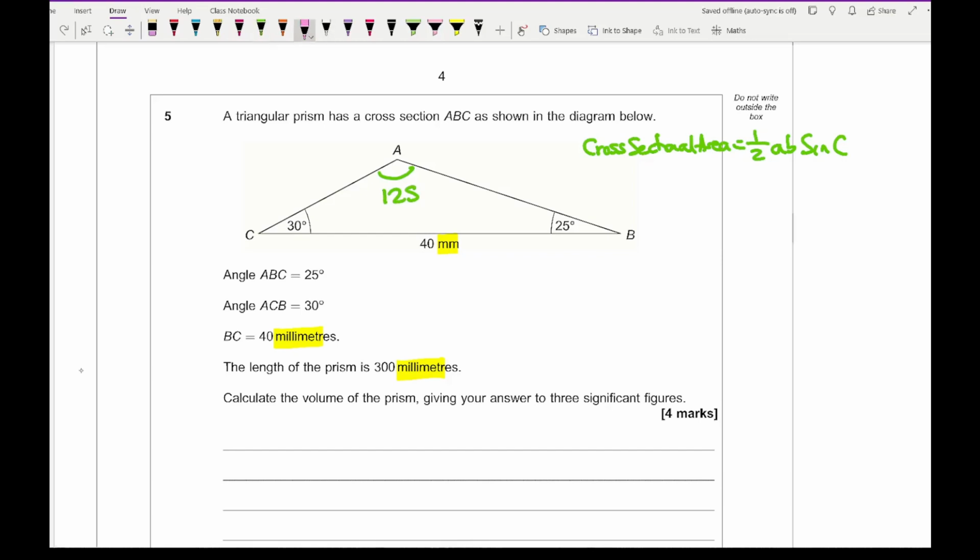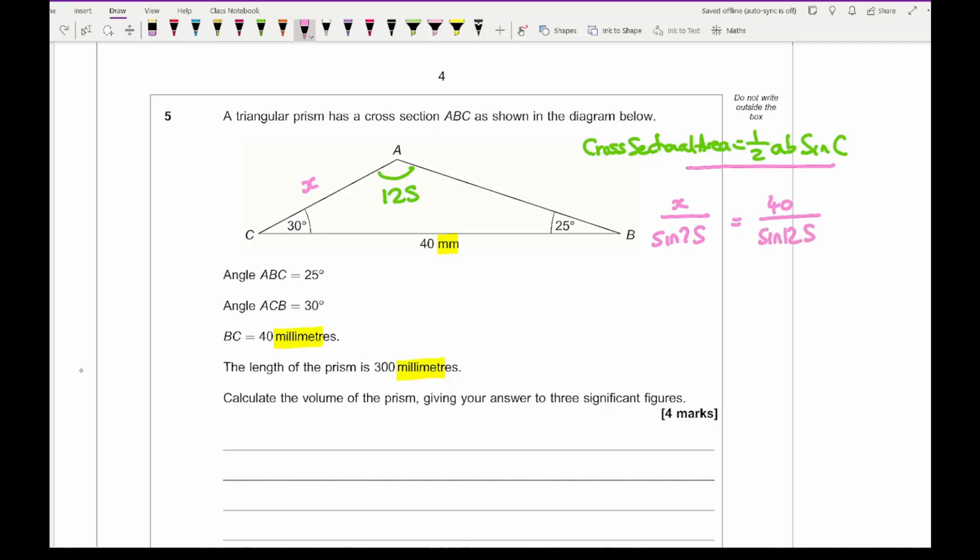Now, in order to use this formula to work out the area of the triangle, I need to know what another side is going to be. So I'm going to work out what side AC is. Using the sine rule, x, which is AC, over the opposite angle, sine 25, is equal to the side that I know, which is 40 over sine 125.